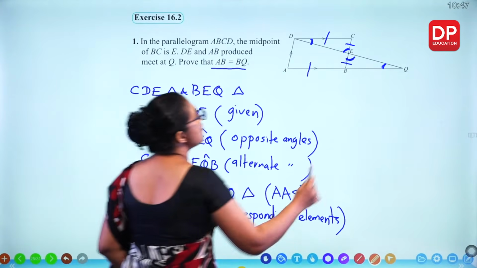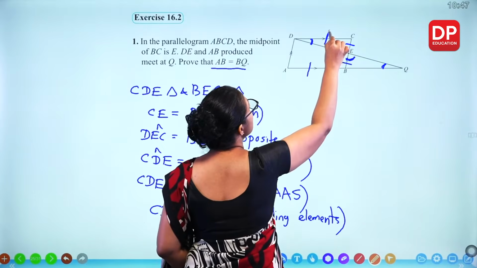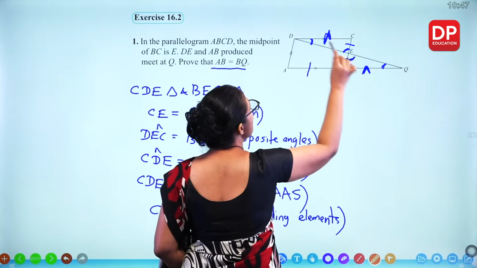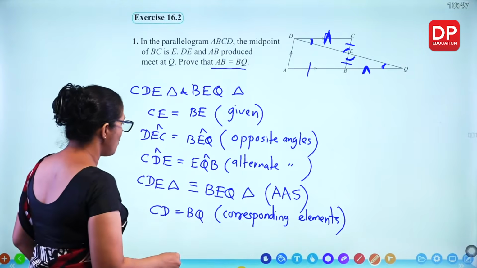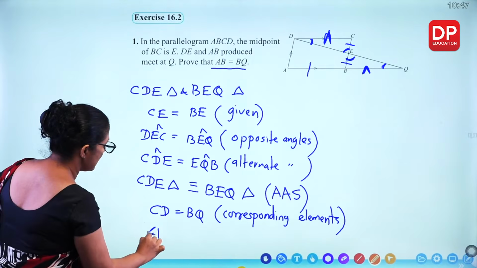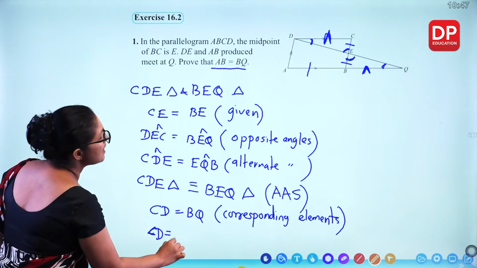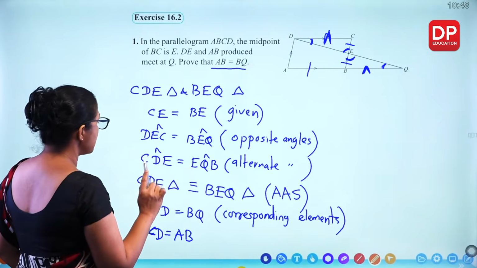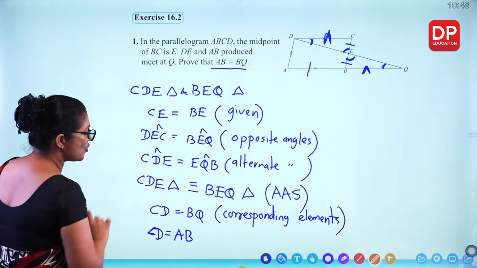Now what can we say? We found out this length is equal to this length now. But we know CD length is equal to AB as well as CD is equal to BQ.